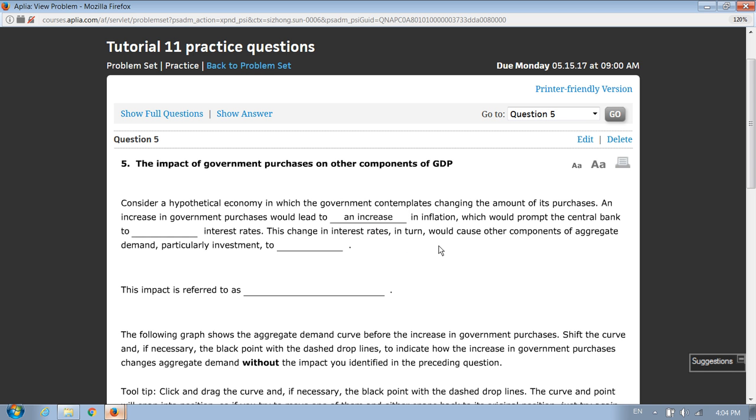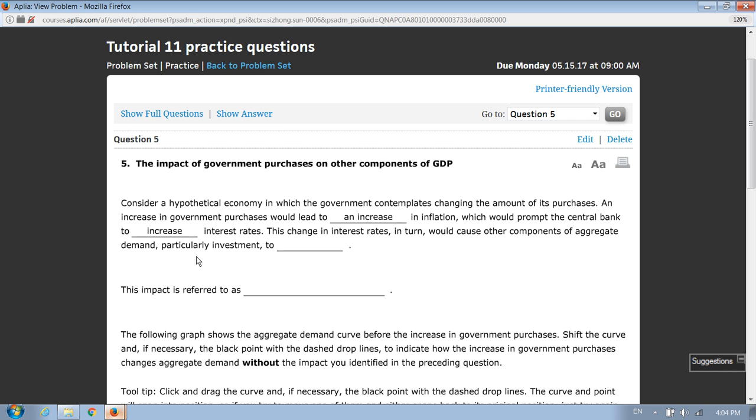G increases, aggregate demand shifts to the right, the price level goes up, which would prompt the central bank to increase the interest rate, because usually the central bank has an inflation rate target. So if the inflation rate goes up, they will respond by increasing the interest rate.